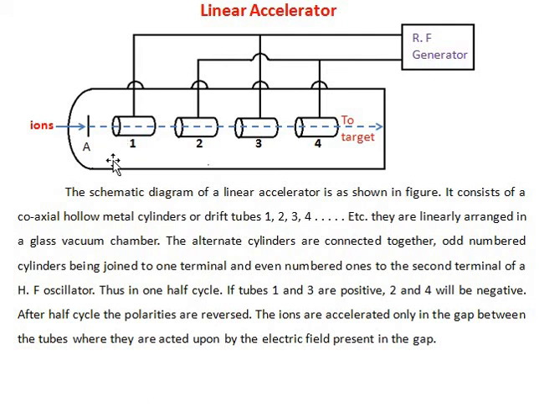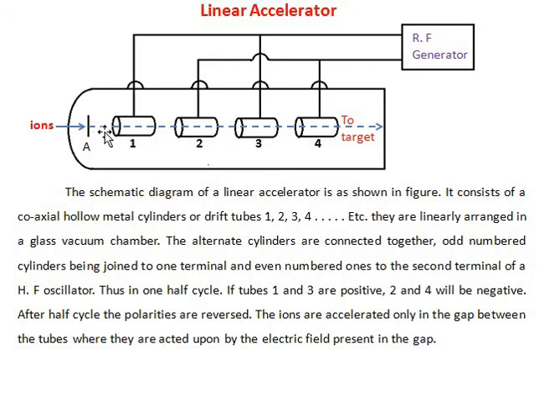Okay, so suppose, how are the ions accelerated? Here is the element which emits the ion. Suppose a positive ion is emitted from this element, then it moves towards this first cylinder. If it is a positive ion, it should be dragged by this cylinder only if the cylinder is negatively charged.